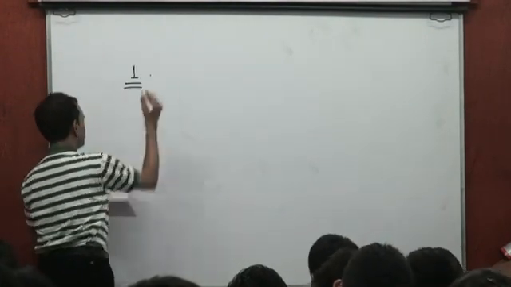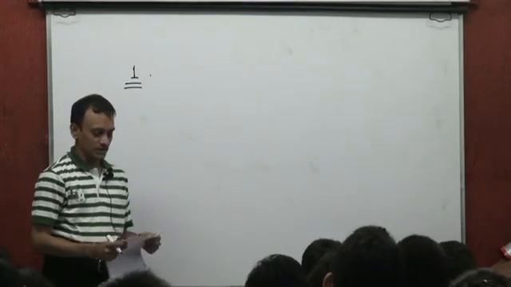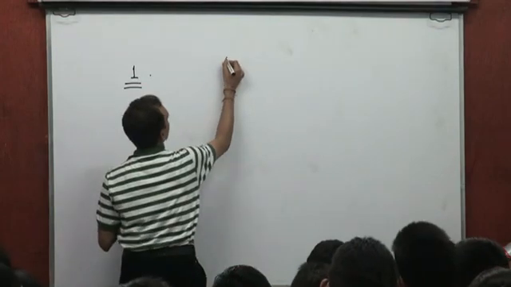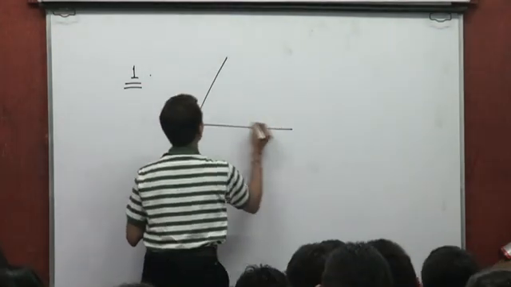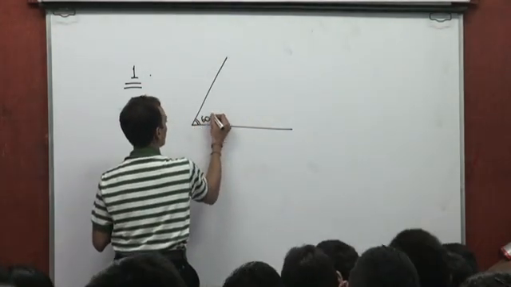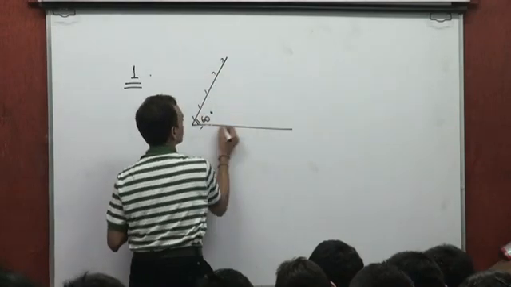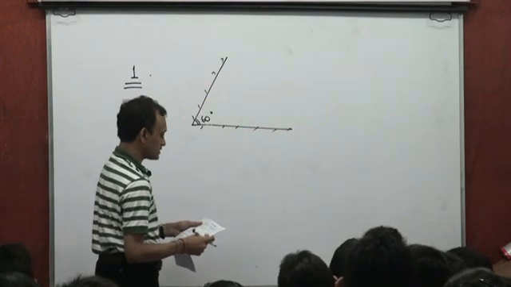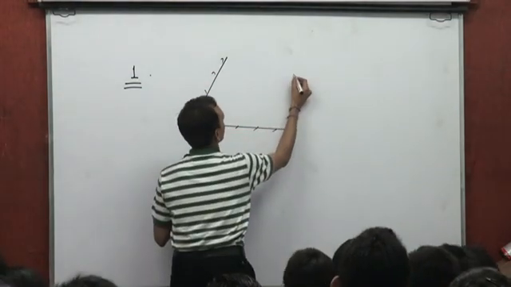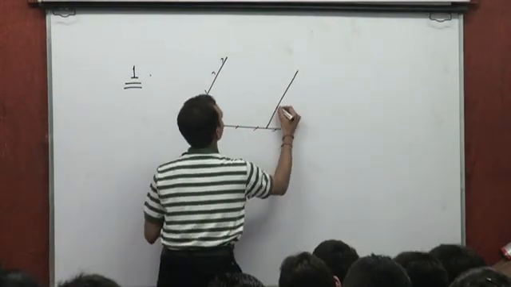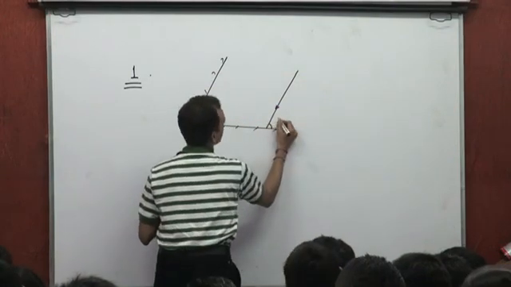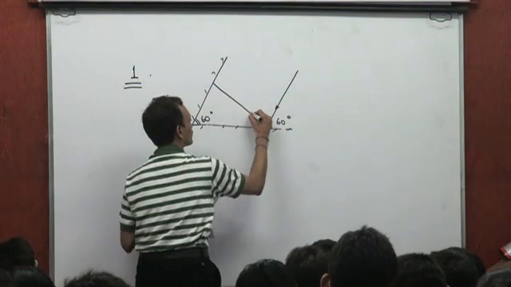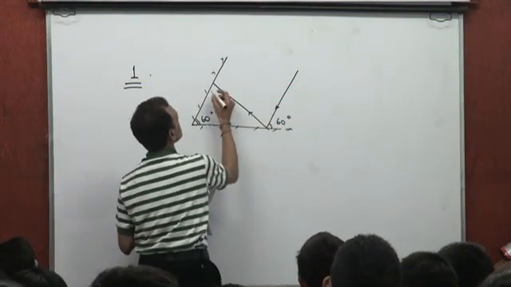Problem 1. Two plane mirrors are inclined to each other at an angle of 60 degrees. If a ray of light is incident on the first mirror, parallel to the second mirror, it gets reflected like this.